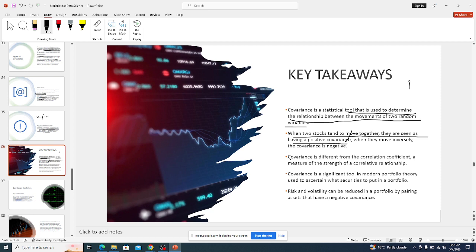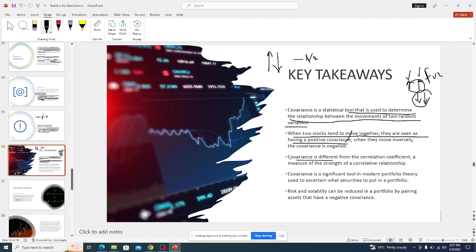That is, they are moving in the same direction: when one is increasing the other is increasing, or when one is decreasing the other is also decreasing. That is positive covariance. But if one is increasing and the other is decreasing, then we are talking about negative covariance.